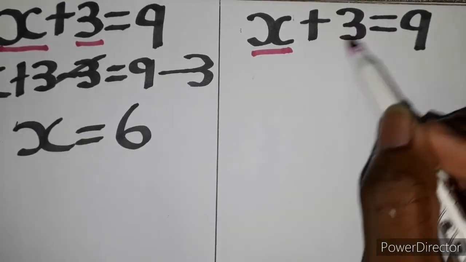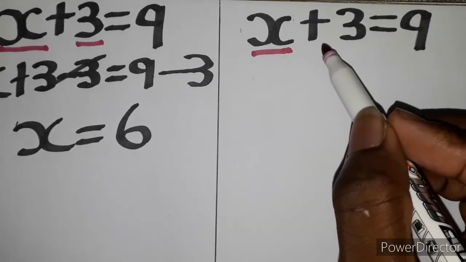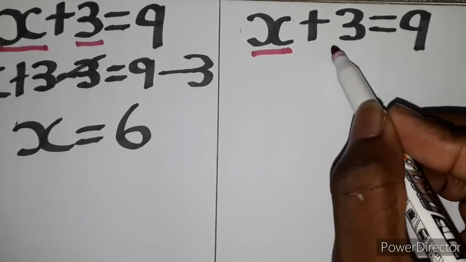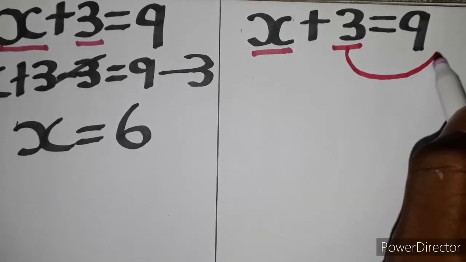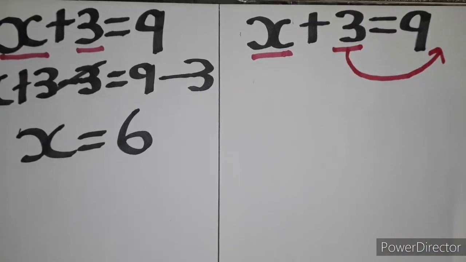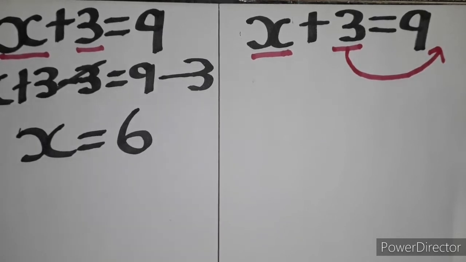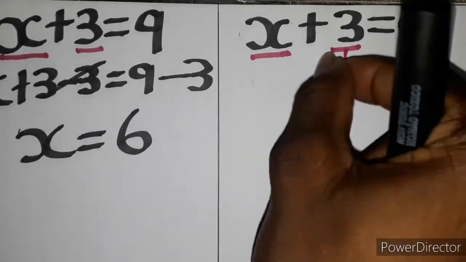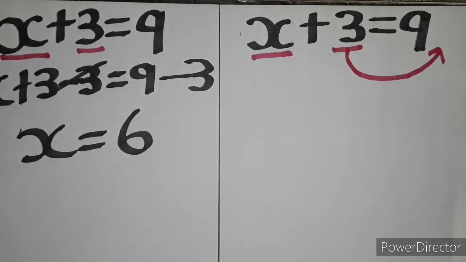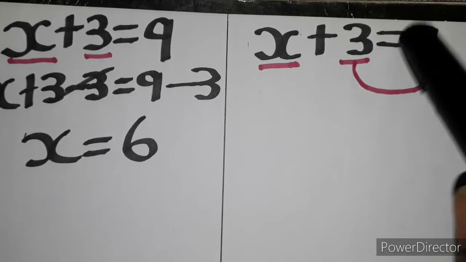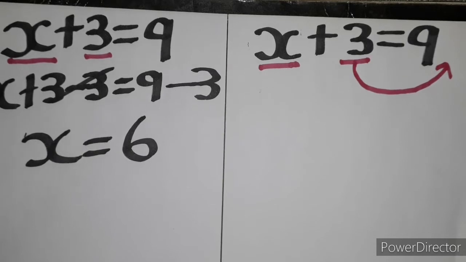But instead of subtracting 3 from both sides of the equation, we just take over the 3 across the equal sign with that 9. With this method, whatever operation the 3 was doing over here, when it goes over this magical equal sign, it will have to do the opposite.